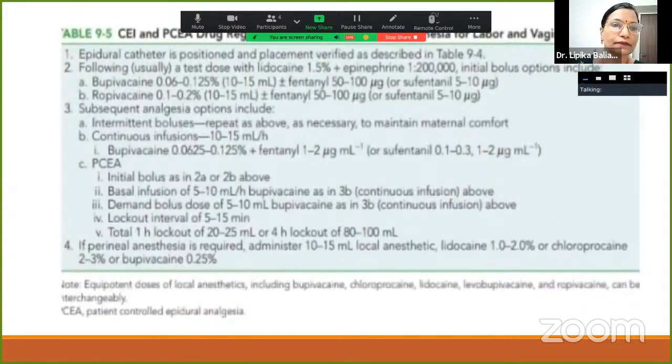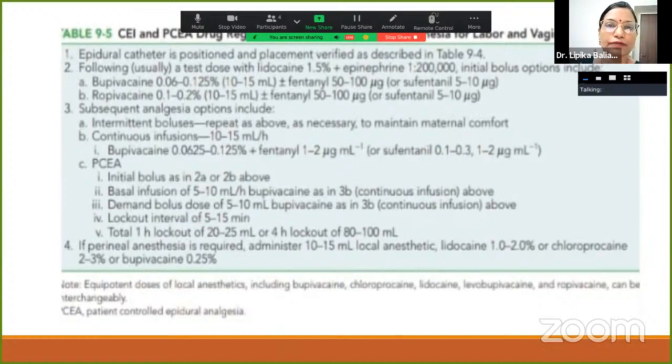So coming to the epidural anesthesia, as we know, give a test dose of lignocaine 1.5% with epinephrine, and then we give different regimens like bupivacaine in the range of 0.06 to 0.125%, 10 to 15 ml of this.